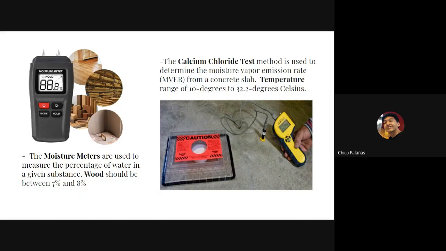Wood should be between 7% and 8% and ready to put into the floor. The calcium chloride test method is used to determine the moisture vapor emission rate, on a temperature range of 10 degrees to 30.2 degrees Celsius.